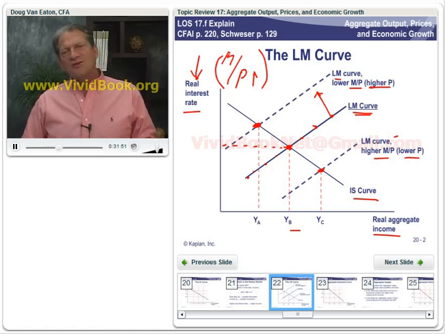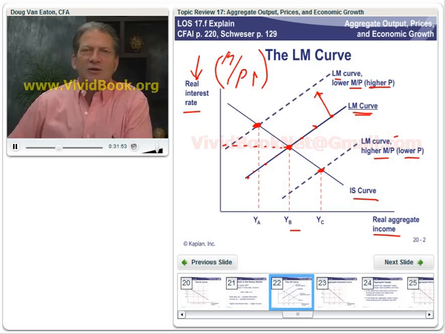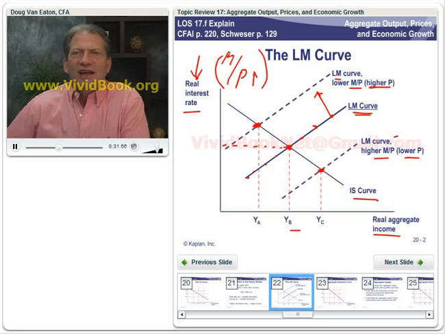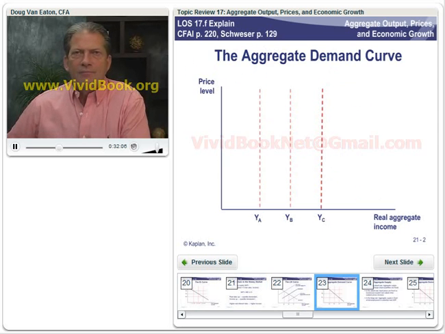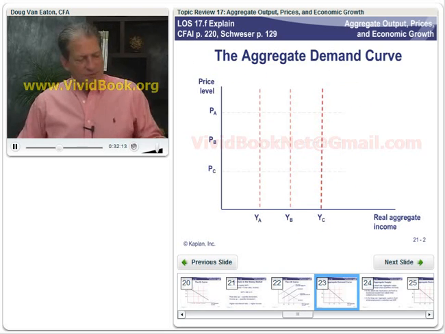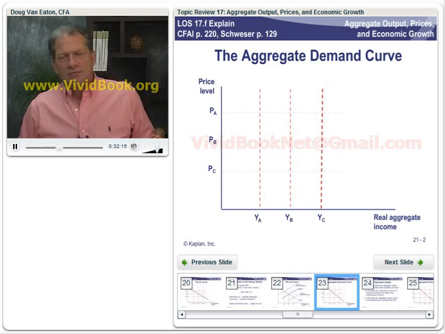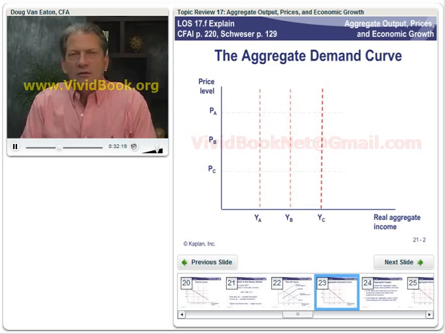So just as we did when we were constructing that IS curve, we can take these intersections, and now we want to plot the price level versus equilibrium real income. And we'll do that just by putting these pairs on. Now, with the IS-LM model, we had real interest rates on the vertical axis, the y-axis.